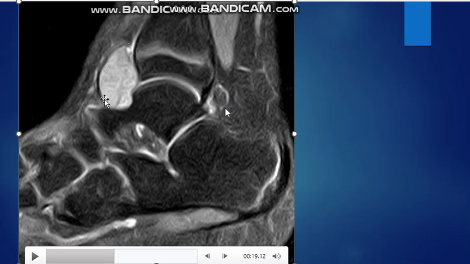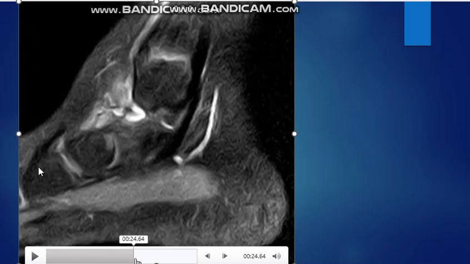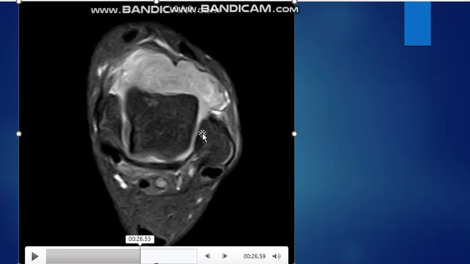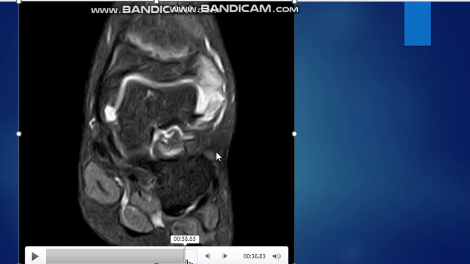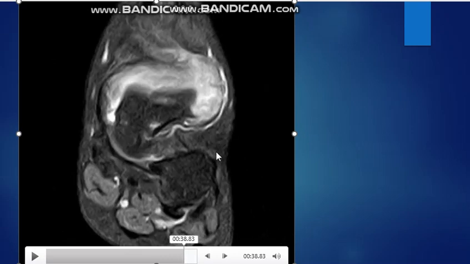Here's a mass of high signal on the proton density images. This is a giant cell tumor. And on the post-contrast sequences, the mass will show avid enhancement. This is the avid enhancement of the mass.